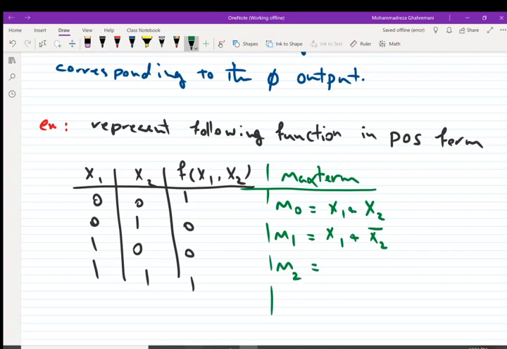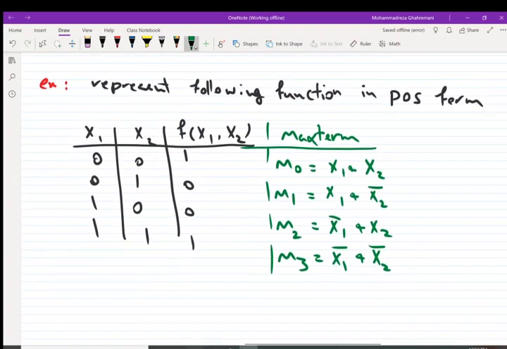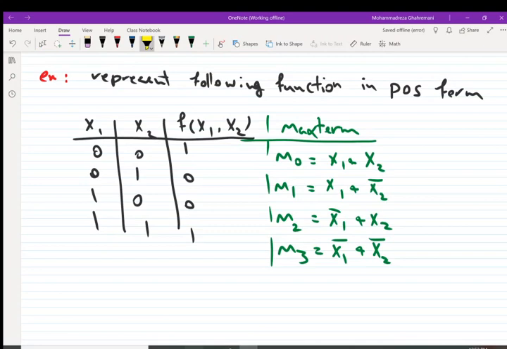M2 is x1 bar plus x2, and M3 is x1 bar plus x2 bar. So we should pick those max terms that cause a 0 in the output. So we should pick M1 and M2.